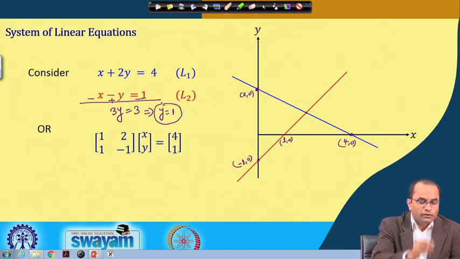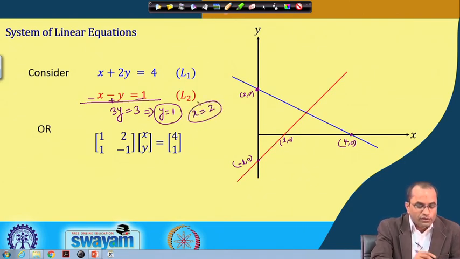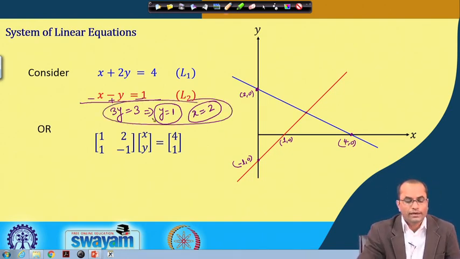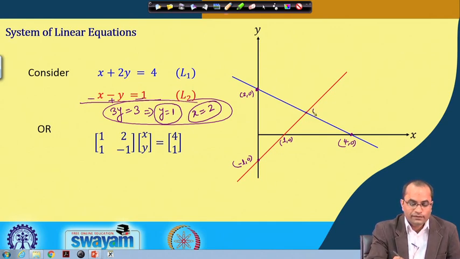So, that is the coordinate of y, and then we can put it in any of these equations to get, for example, x is equal to 1 plus y, that means 2. So, here these two lines intersect at this point, 2 and 1. So, we can write down here 2 and 1.